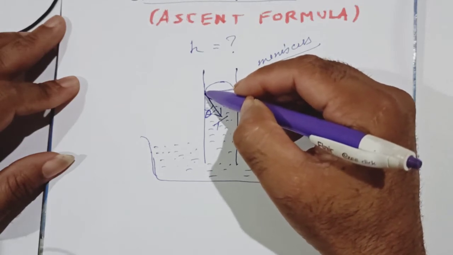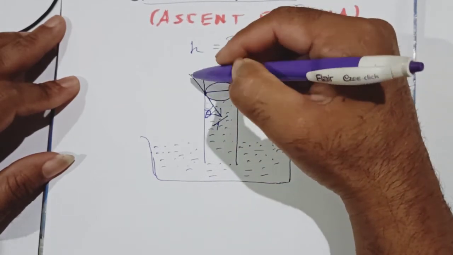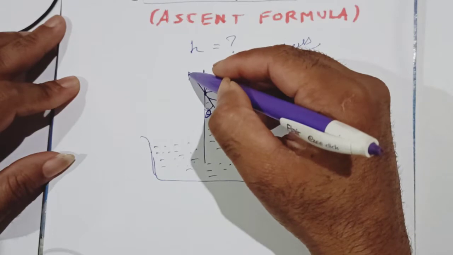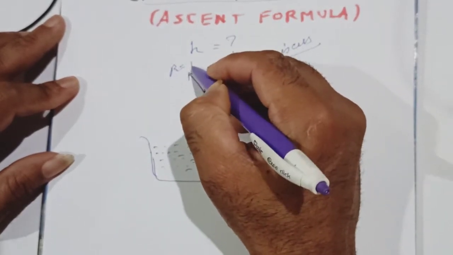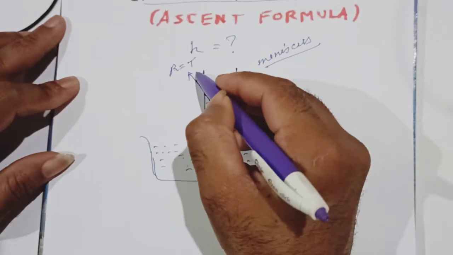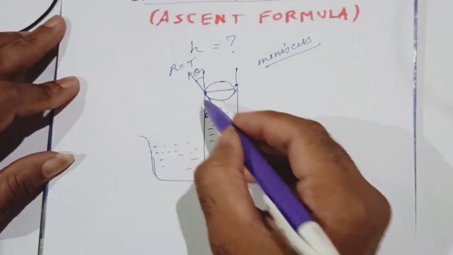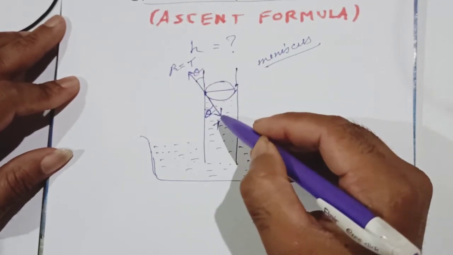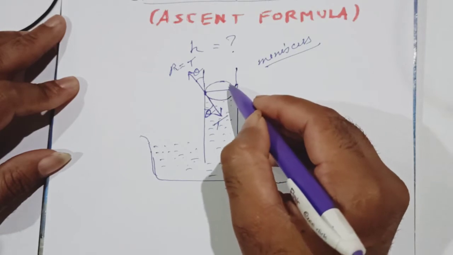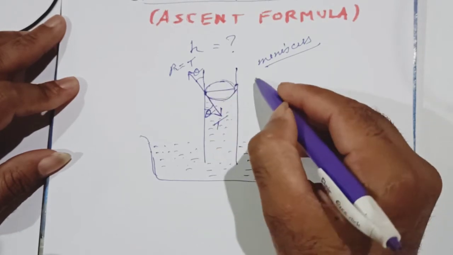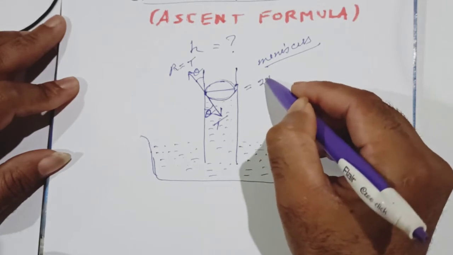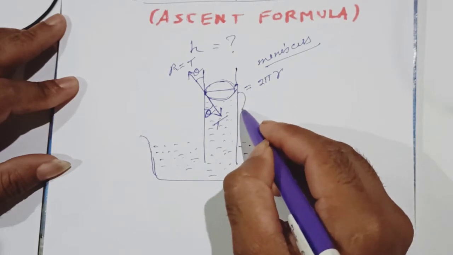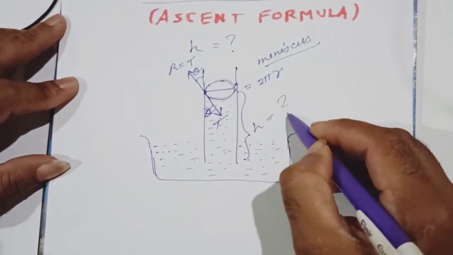According to Newton's third law of motion, the tube gives an equal and opposite reaction, which is called R, the same value as T. This is the force per unit length, and it has a reaction of the same value as T. The circumference of this meniscus is equal to 2 pi r. So we are going to find out the height formula.